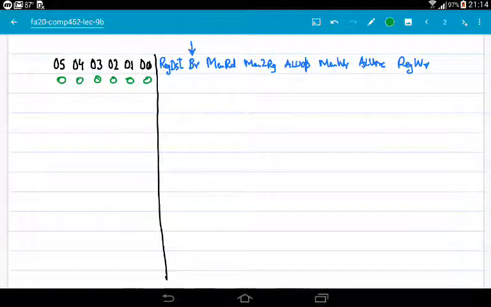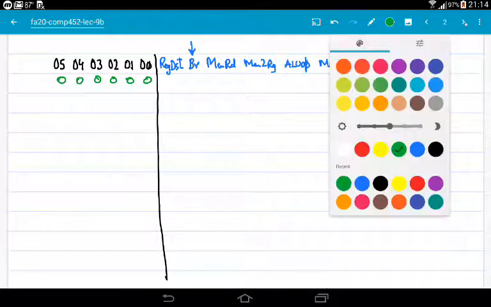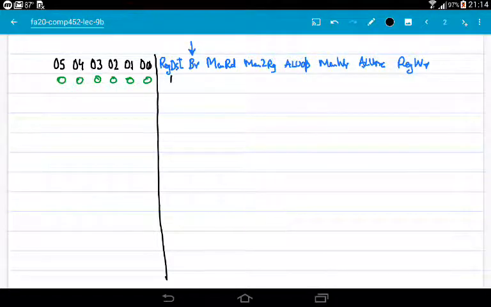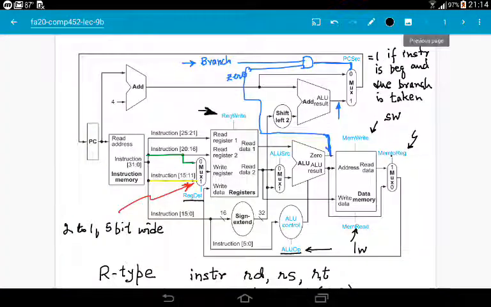Let's write here that RegDst would be 1. It's not a branch instruction, so BR will be 0. We do not want to read any memory, so it will be 0. MemToReg, now this is important, let's look here. This is the MemToReg multiplexer.